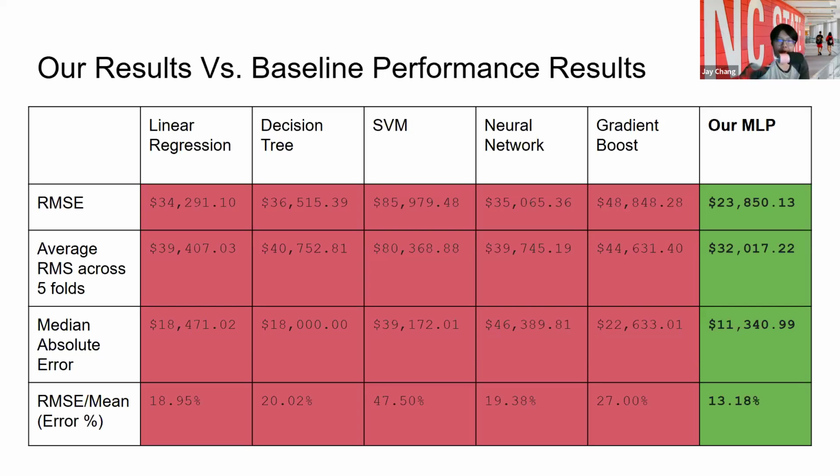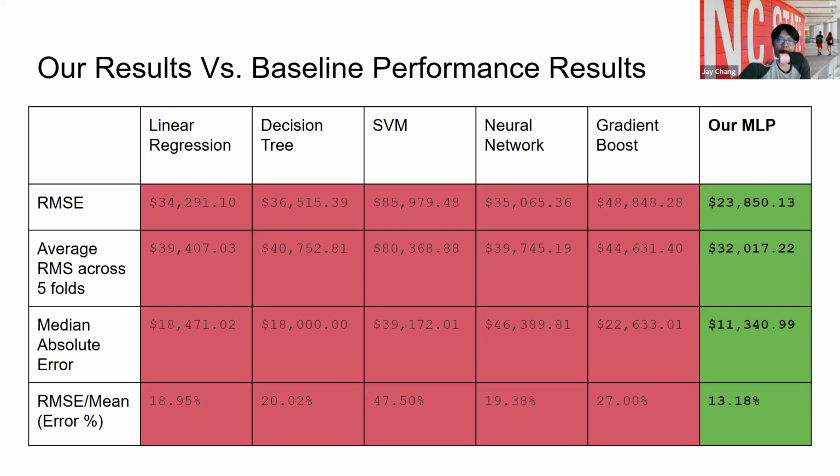It achieved the lowest root mean square error at $23,850, which is significantly better than our next best at $34,000. Our average RMSE across our 5 folds was also the lowest at around $32,000, confirming consistent generalization. And on top of that, our median absolute error was just $11,340, showing strong resistance against outliers compared to the other baseline models, particularly the neural network and SVM, which had much higher values.